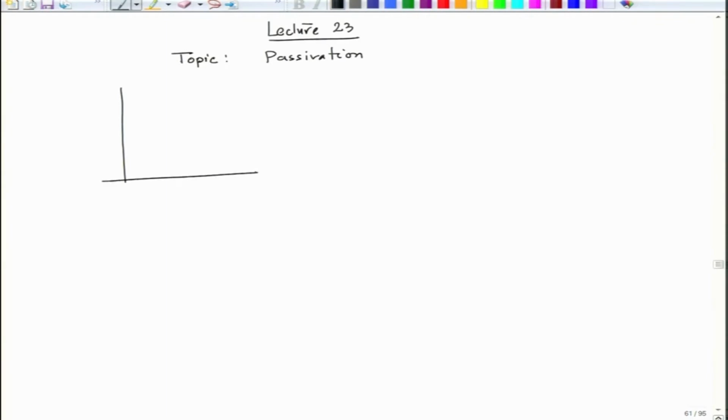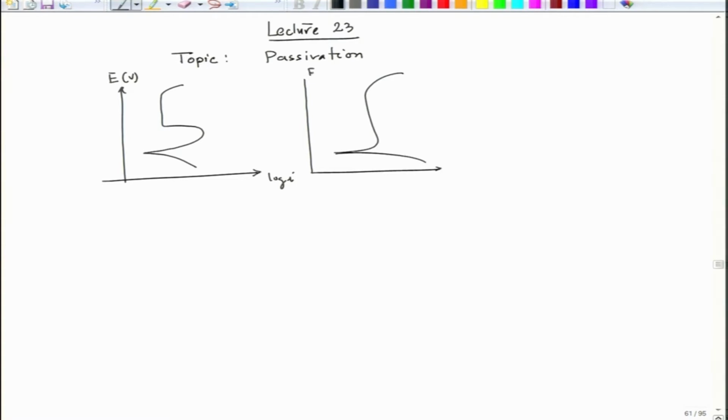One variant was like the graph we have plotted, this is E and this is log I. One variant was like this, and the second variant was like this, and the third variant was like this.